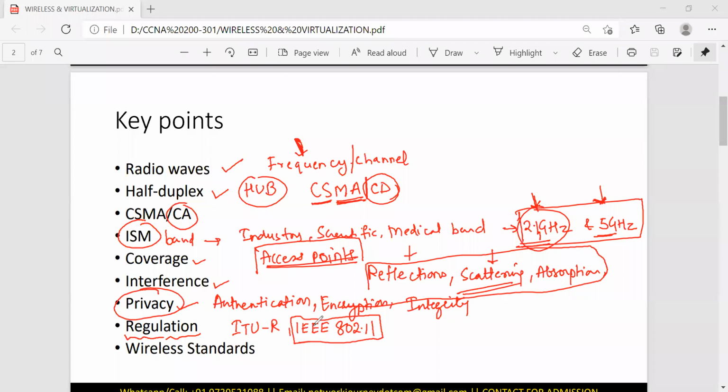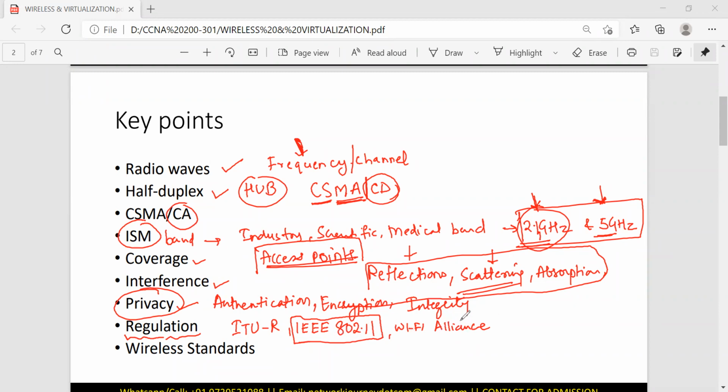So ITU-R, IEEE, and we also have the Wi-Fi Alliance. This is basically a non-profit organization, and these are the regulatory bodies, I can say, which help your device to be wireless enabled. When you want your device to be wireless enabled, it has to go through specific standards.